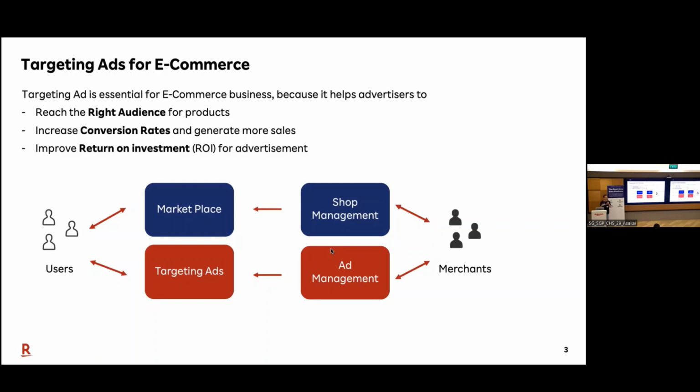Targeted ads can be group-based targeting, which means we target a group of users, like a genre or category of users. Or it can be very specific targeting, where we target a specific user. For example, targeting myself, a list of products that Rakuten thinks I'm interested in. Aerospike is a database that's perfect for user-specific targeting. The reason is that for the ads business, the users are always unpredictable.